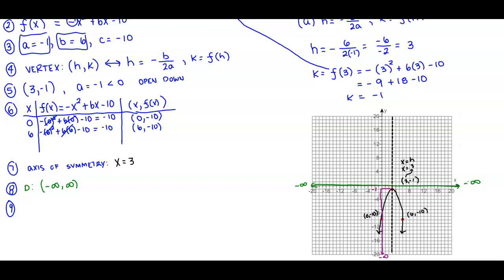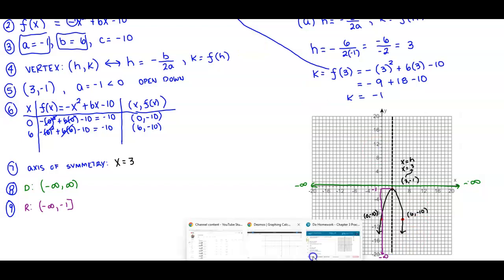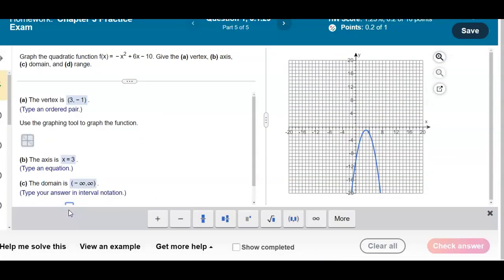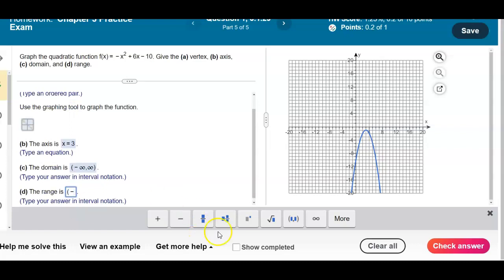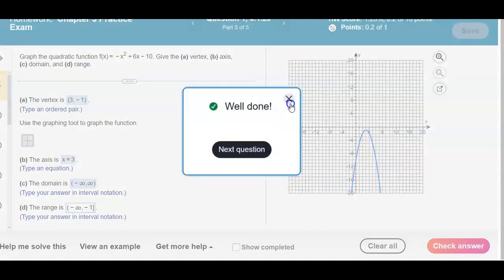And so therefore, that represents the y value or the k value of the vertex. So the range starts at negative infinity and goes all the way up to negative 1 with a bracket. So let's go ahead and put that answer in there. So we have parentheses, negative infinity, comma, negative 1 with a bracket, and there is our answer.